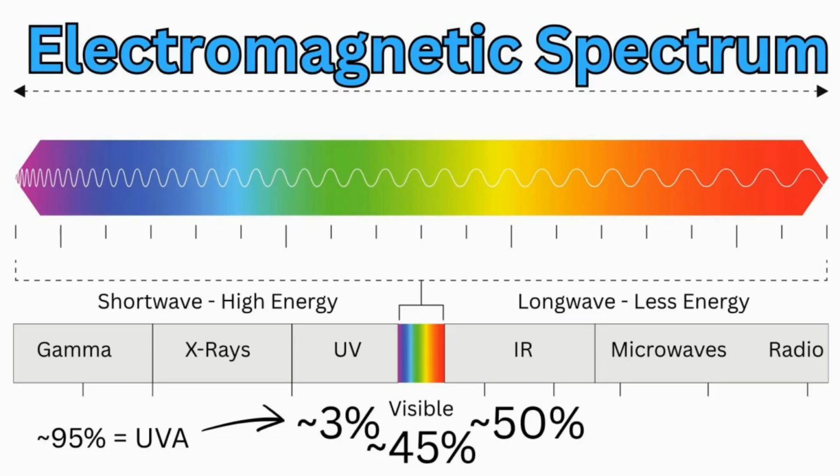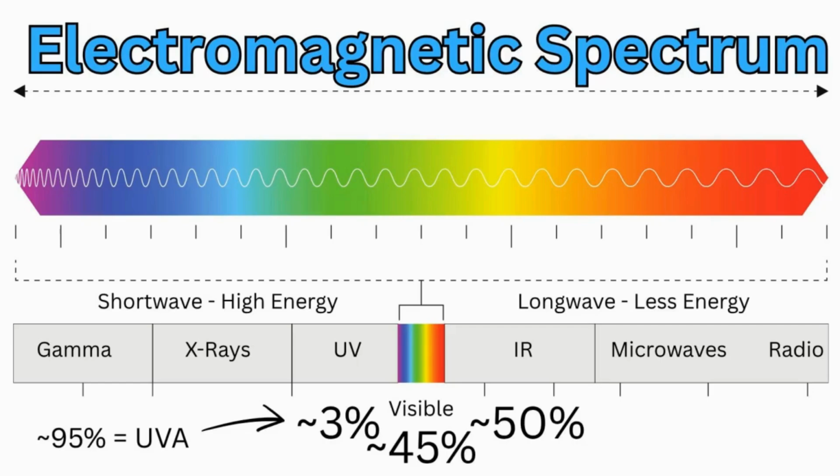That's the light we see with our eyes, from violet, deep blue, all the way through to red like a rainbow. And then we have the longer wavelength, the less energized wavelength of infrared or heat energy, and that constitutes about half of the sunlight we receive on the Earth. So ultraviolet, visible, and infrared.